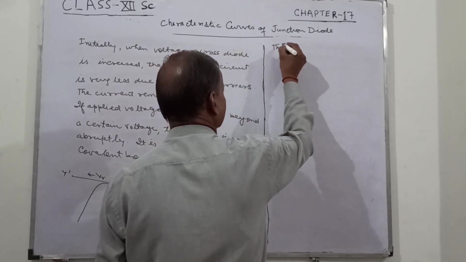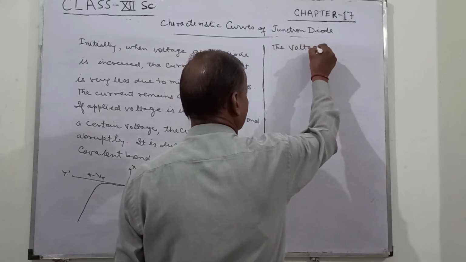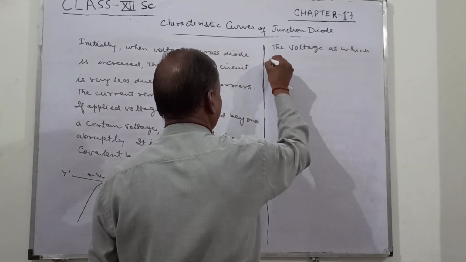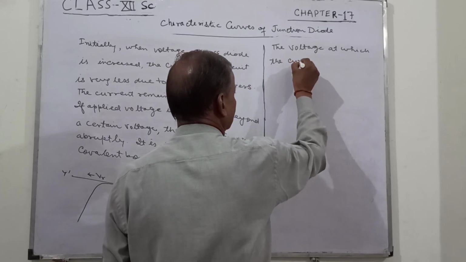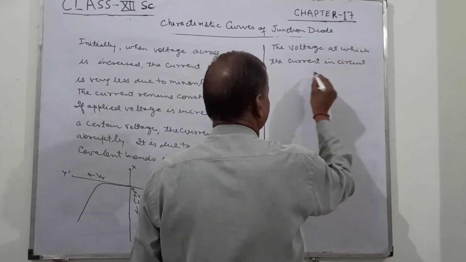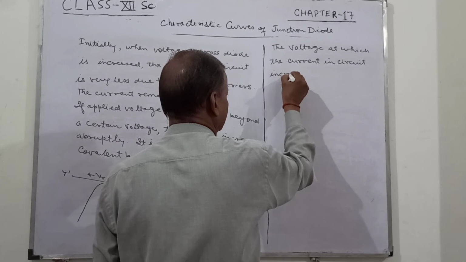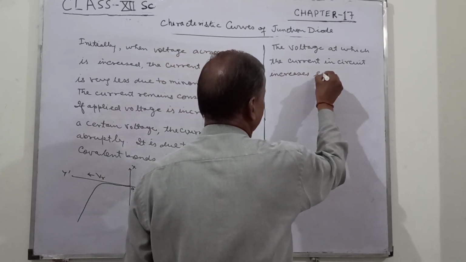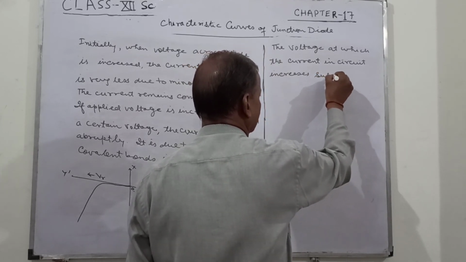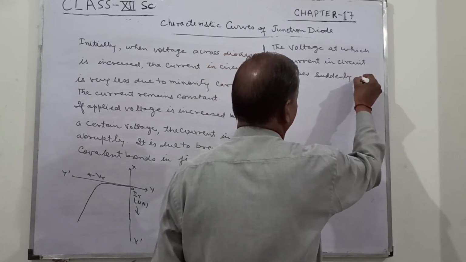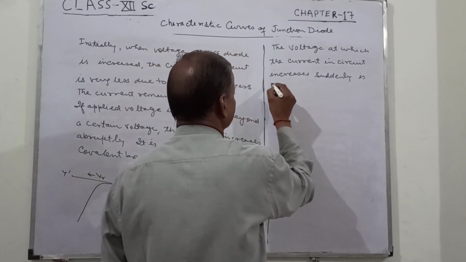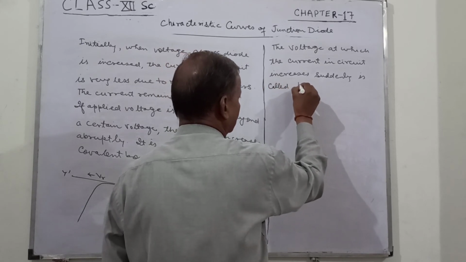The voltage at which current in circuit increases suddenly is called breakdown voltage.